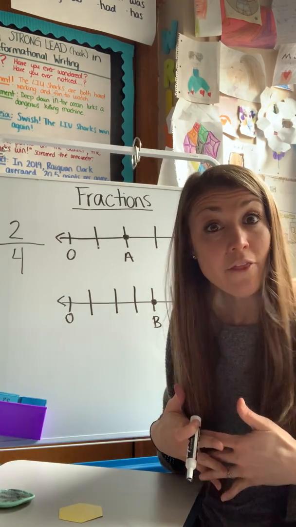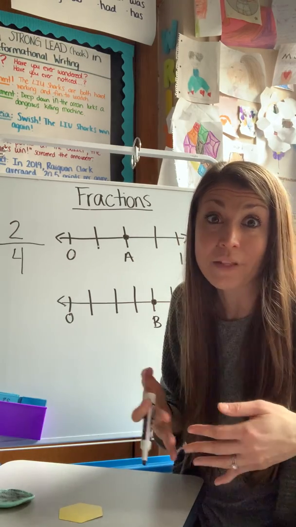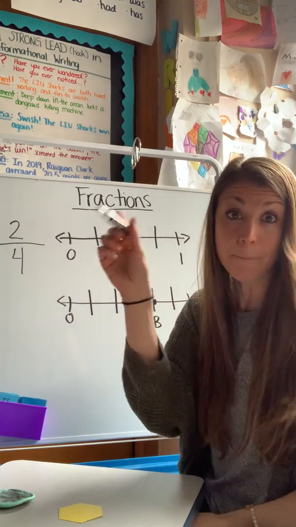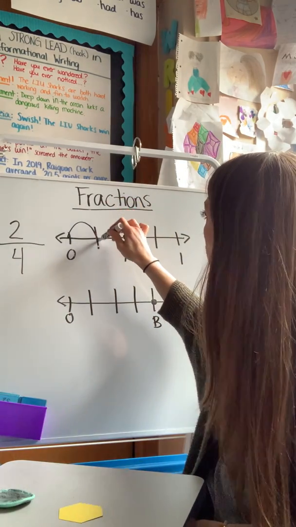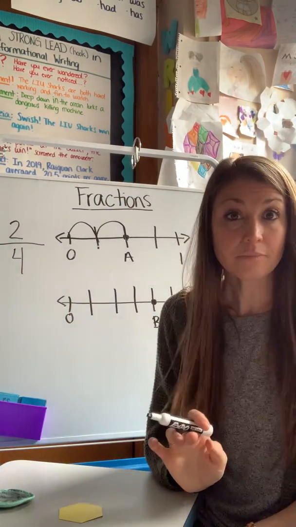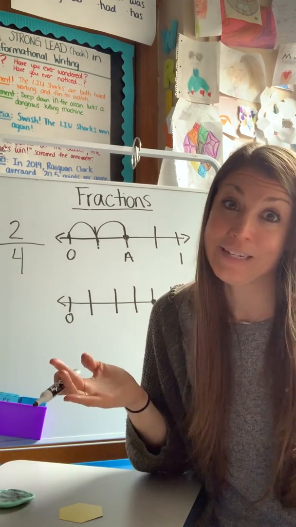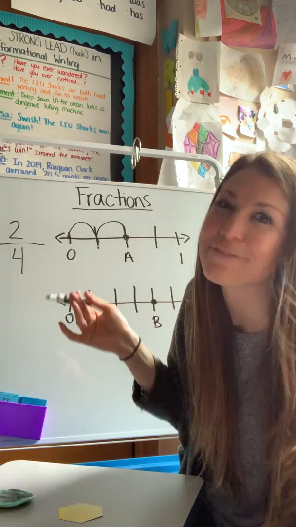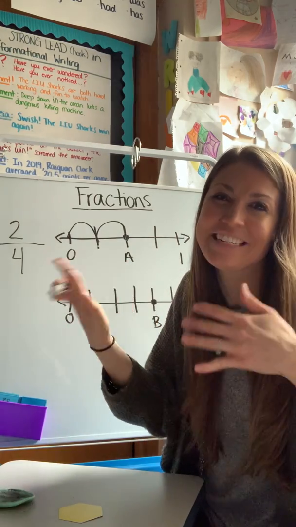I'm going to show you another way that my students and I like to do in our classroom, which is we like to jump. So we're going to jump 1, 2. I know my numerator is 2. And then we are going to swim because we're frogs. My students know Frankie the Fraction Frog.